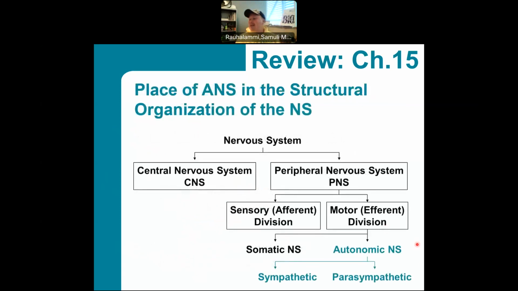So that brings us back to this diagram that we saw before, and I want to move the focus on these two branches of the autonomic nervous system. The autonomic nervous system can often be divided into sympathetic and parasympathetic nervous system. So let's have a look at those together a little bit.